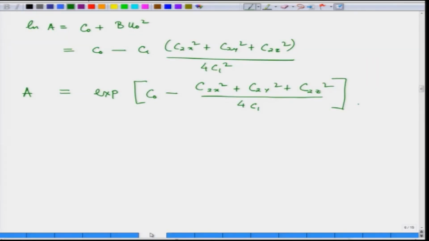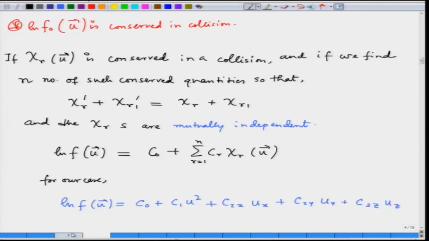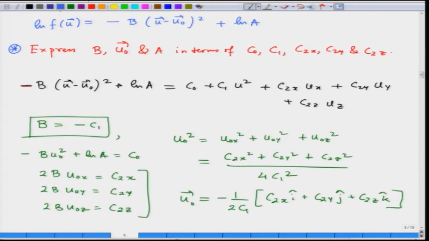Okay. Now, coming back to our previous thing where we wrote that the log of f(u) is equal to minus b (u minus u0) whole square plus log of A. Let me just tell you one thing in case you are lost: here f0 should be written, so every f should be replaced by f0 because that is only true for f0. Okay.